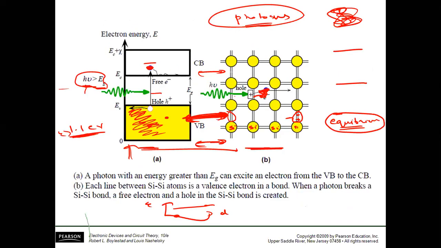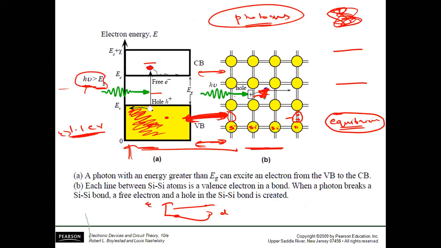So this was the case in this PPT. External radiation falls on this bond, the electron gets excited, the electron moves to the conduction band, and the hole remains in the valence band.